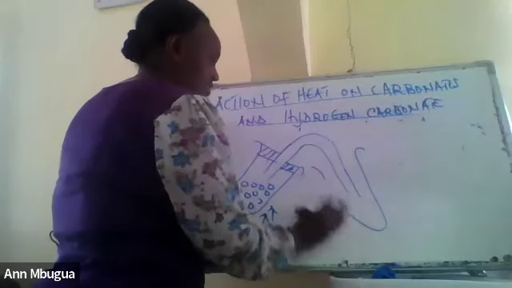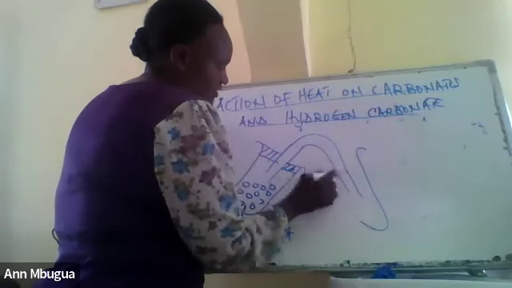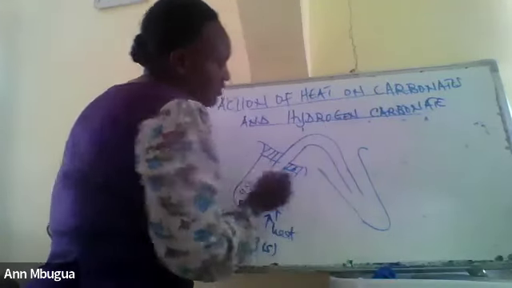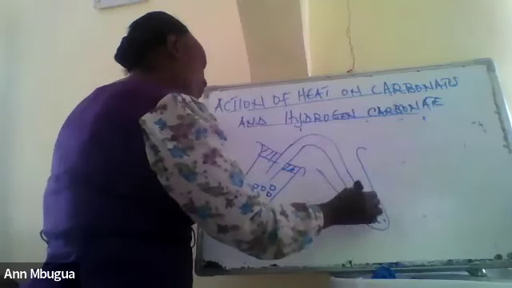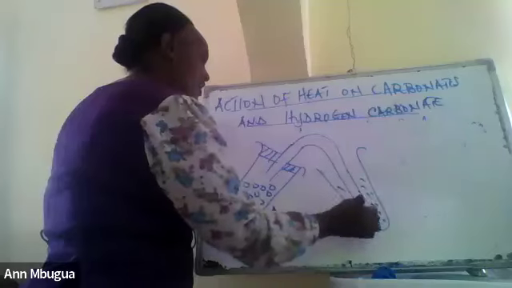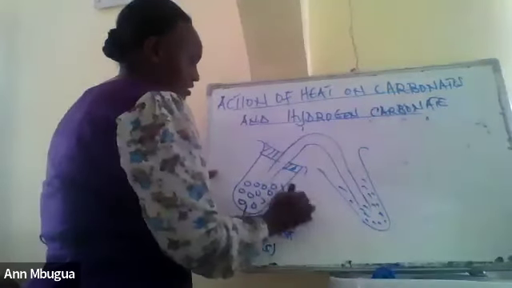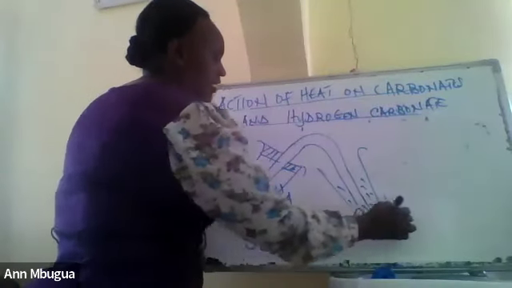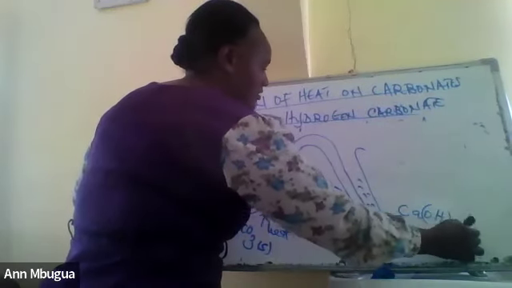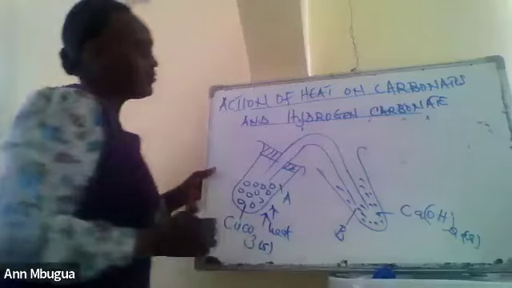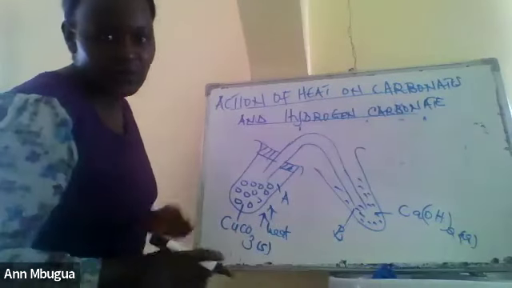So mostly this is how this area is tested, and also in the flow chart diagram. Here we have our test tubes A and B, and in B we have the calcium hydroxide solution, which is the lime water.